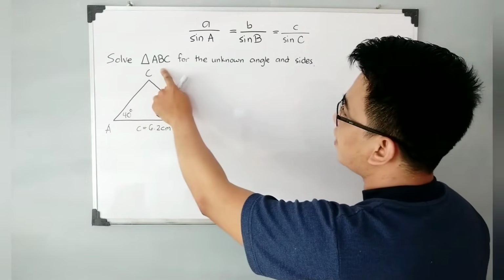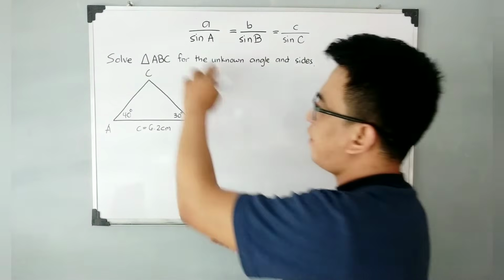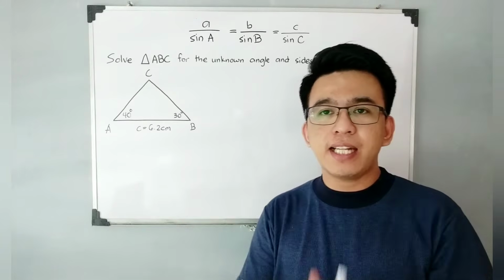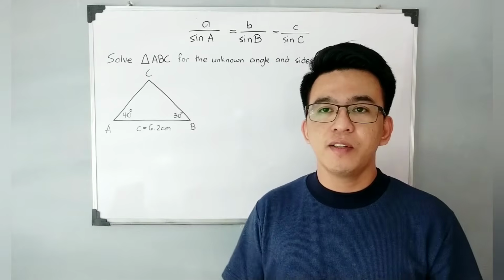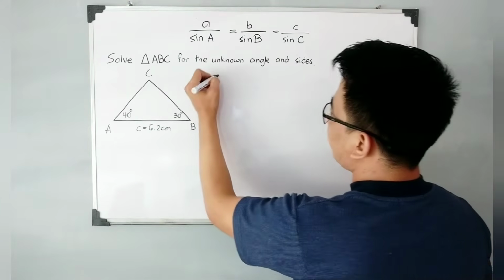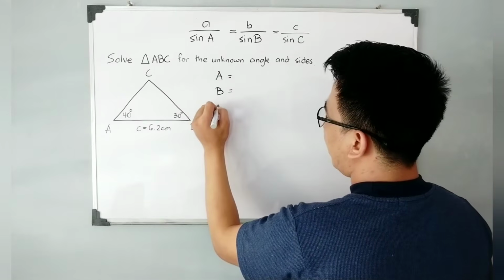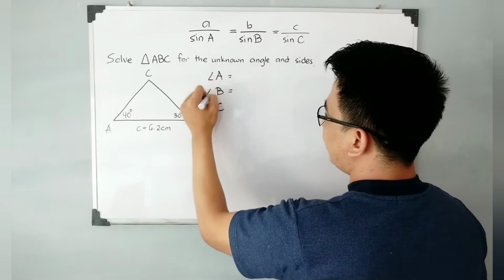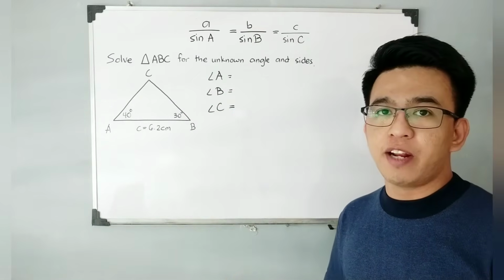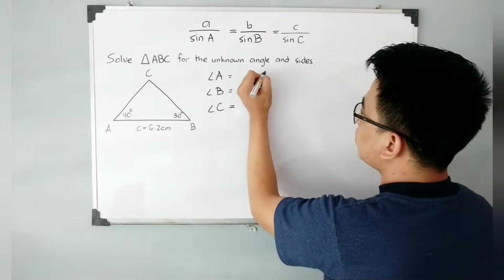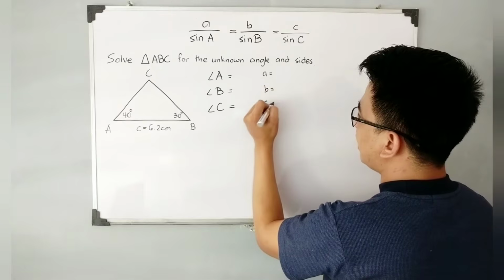We have here: solve triangle ABC for the unknown angle and sides. Given this figure, we already have some given parts. Here is a tip on how to solve it in a more organized way. We know that we have three angles: angle A, angle B, angle C. My tip is to organize the different given parts that we have. And you also have side a, side b, and side c in a triangle.